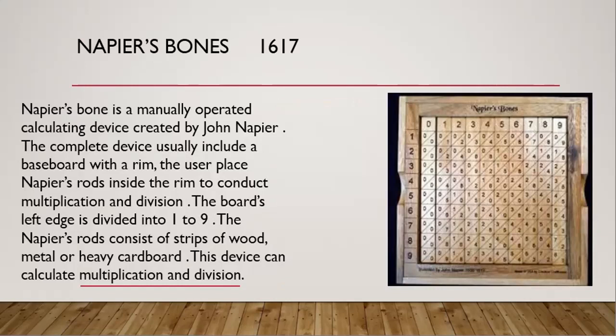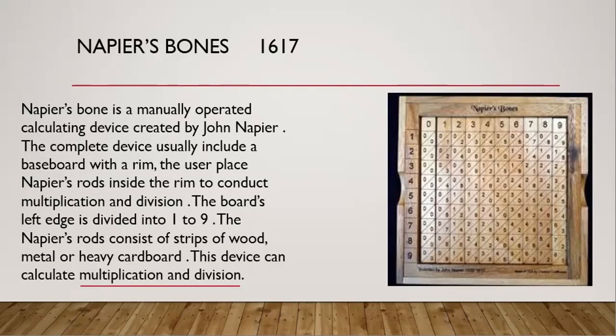The Napier rods consist of strips of wood, metal, or heavy cardboard. This device can calculate multiplications and divisions. So the abacus has just the functionality to add and subtract numbers, and Napier's bones have the functionality to multiply and divide numbers.